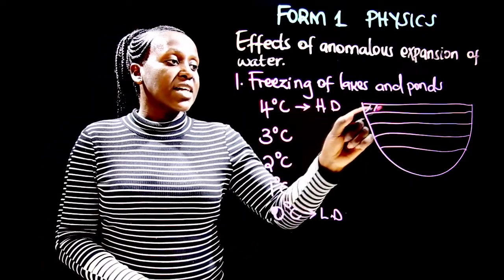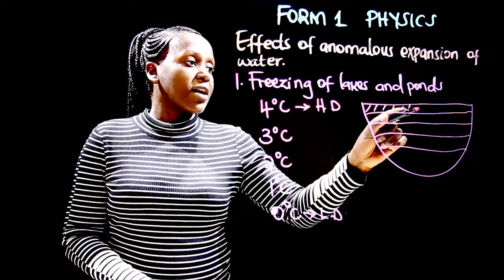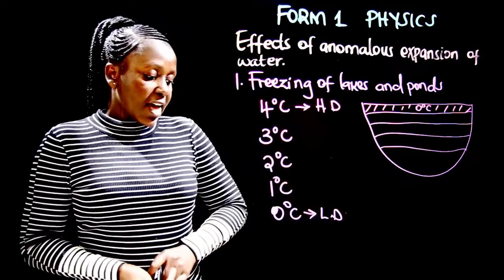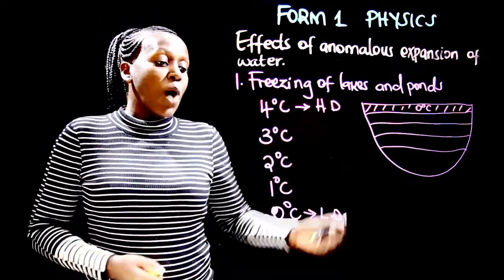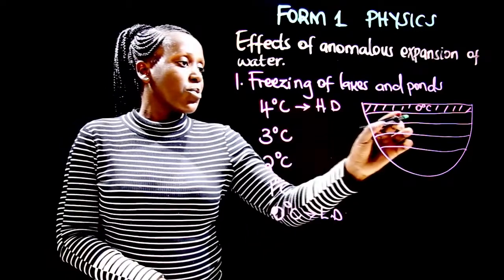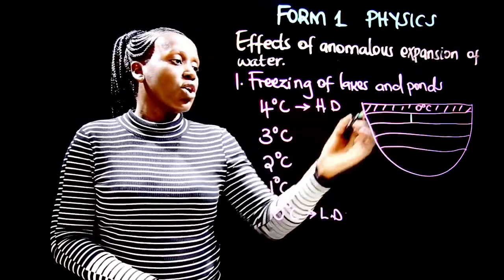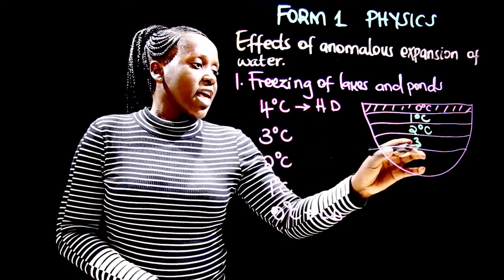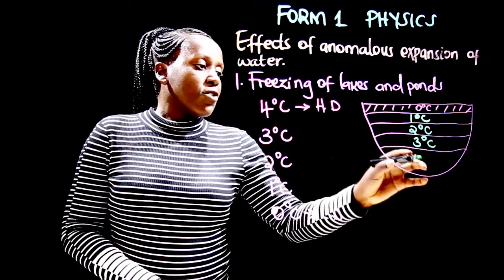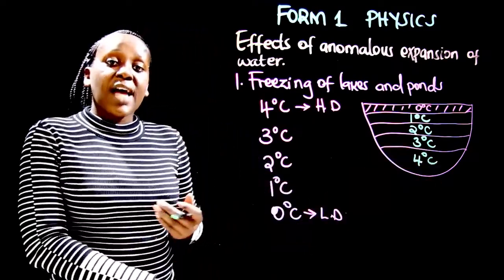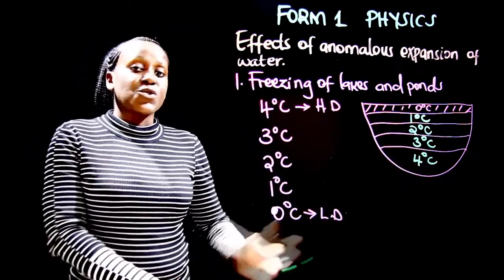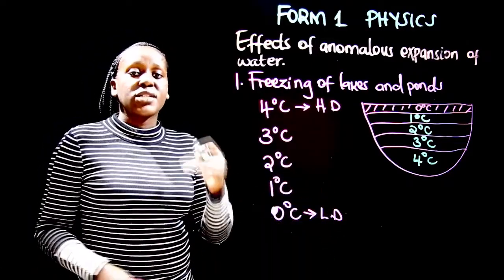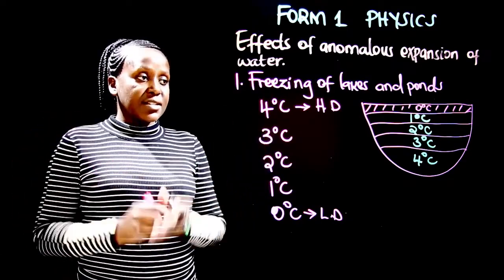So the ice will be at the top here at 0 degrees Celsius. That's why we have the ice. And then it will be followed by the water at 1 degree Celsius, which has a relatively low density. Then 2 degrees Celsius, 3 degrees Celsius, and finally 4 degrees Celsius. So the water at 4 degrees Celsius is the one that is going to settle at the bottom because at that point, water has the highest density.